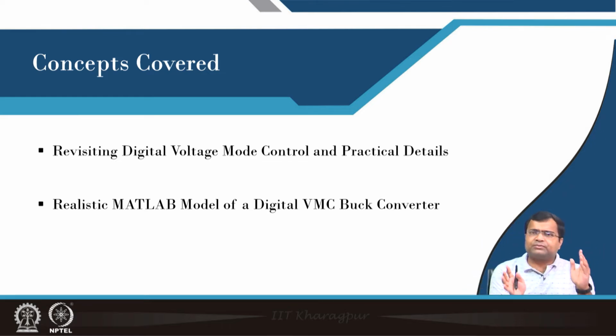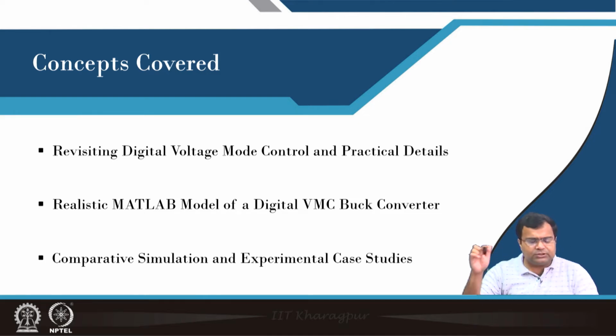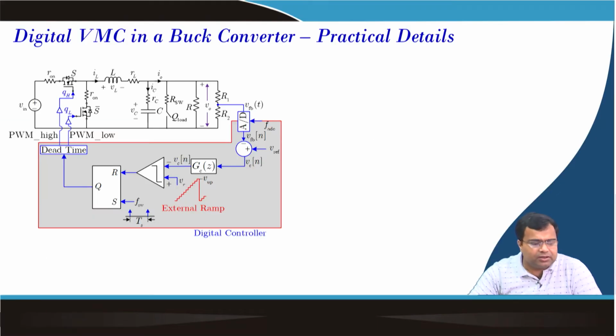We did the basic simulation with everything ideal, even practical, but we had not considered the voltage step-down gain or other aspects. This time we are going to consider them. Then we want to make a comparative simulation and experimental case study, and in a subsequent lecture we want to show how to plot both simulation and experimental results in a single plot, so that the comparison is more useful and meaningful.